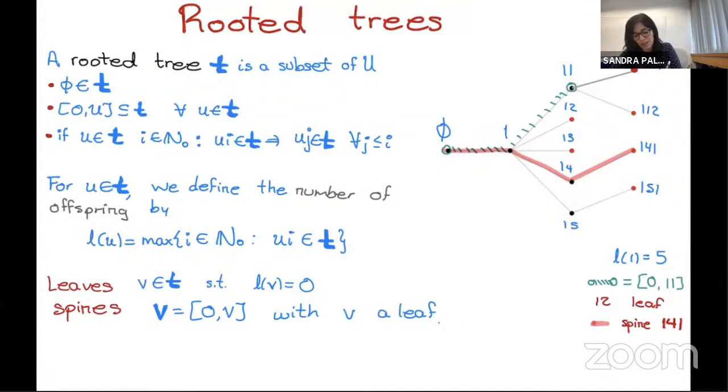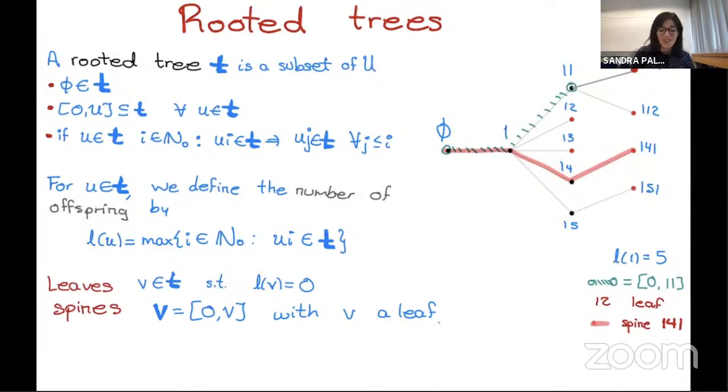So here, individuals 1 2, 1 3, 1 1 1, 1 1 2, 1 4 1, and 1 5 1 are leaves. And for example, this one is a leaf, so this red line is a spine: the empty set, 1, 1 4, and 1 4 1.